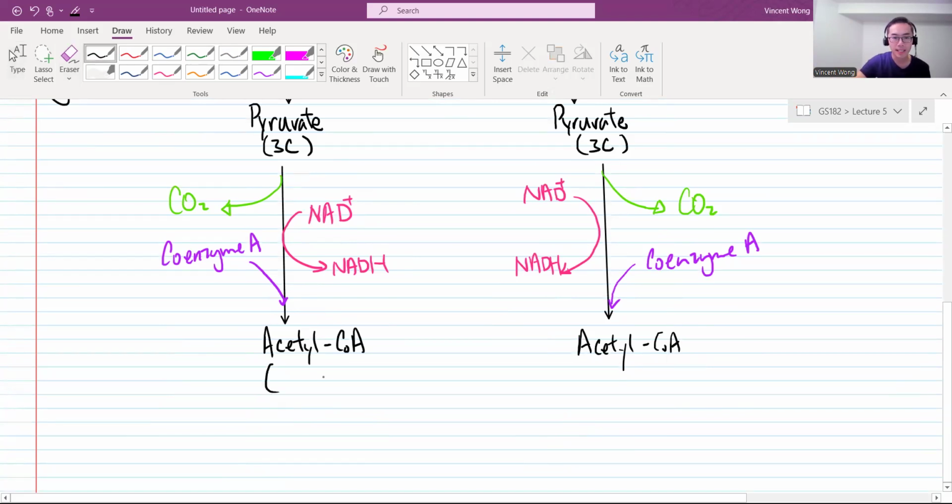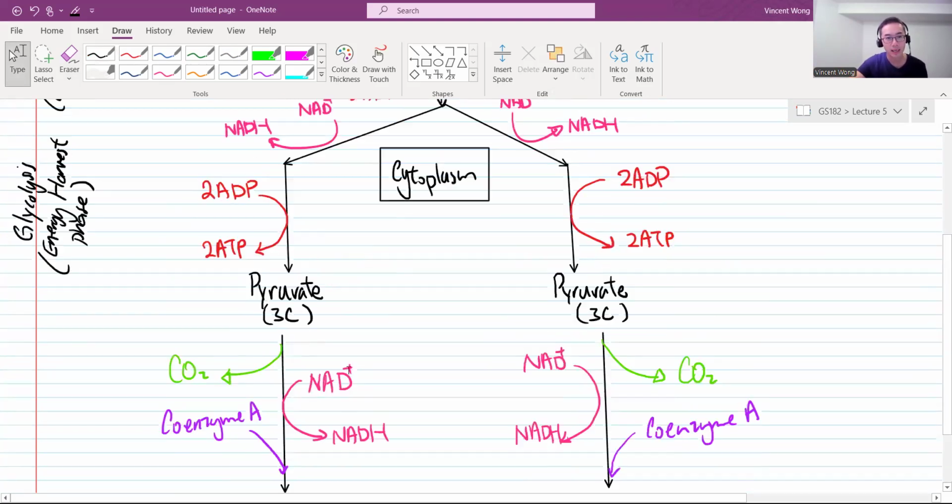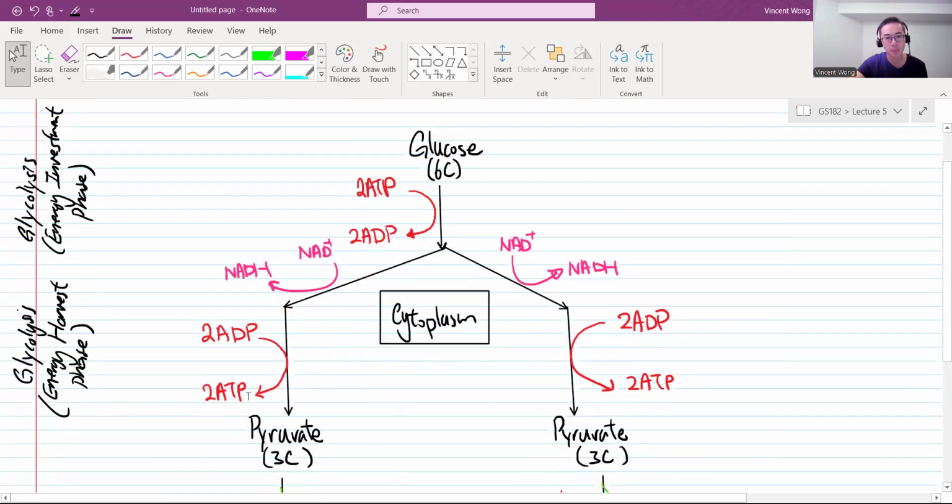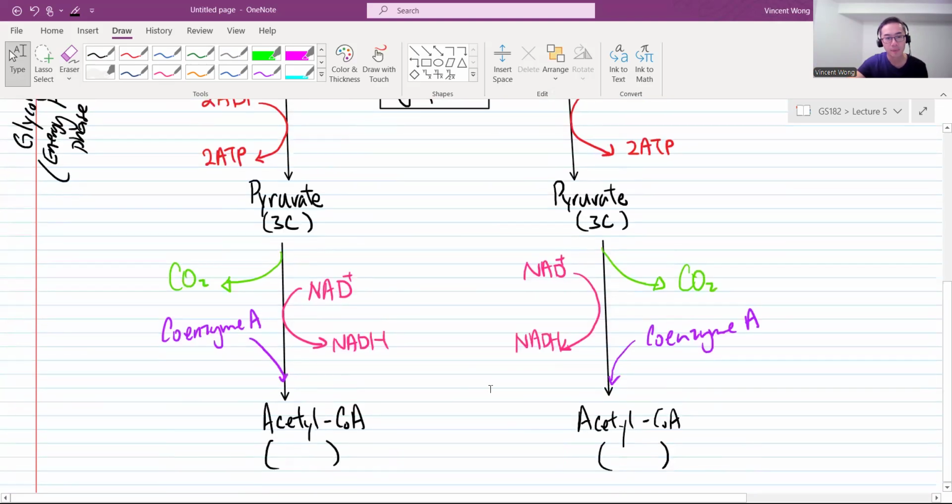But do tell me this, how many carbons do we have in acetyl-CoA? We started with 6 in glucose, we split it so it becomes 3. And then now, how many carbon atoms in acetyl-CoA? Look at what happened along the way. Tell me how many carbons are left.